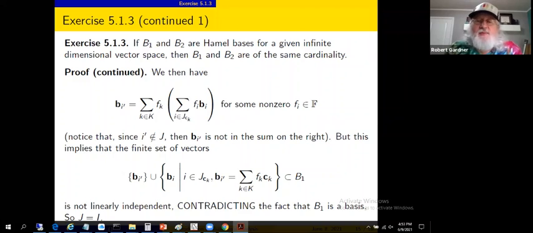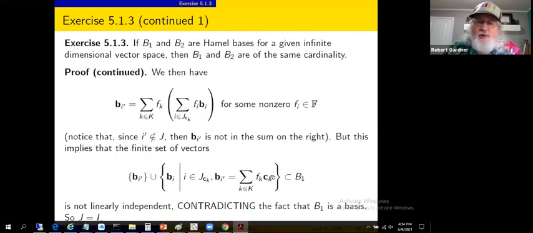So what we get from this then is that the finite collection of vectors, b sub i prime and all the b sub i's that are used here, and symbolically, here's what it is, that finite collection of vectors is not linearly independent. That finite collection of vectors is linearly dependent. But then that contradicts the fact that the set B1 is a basis, a linearly independent spanning set.